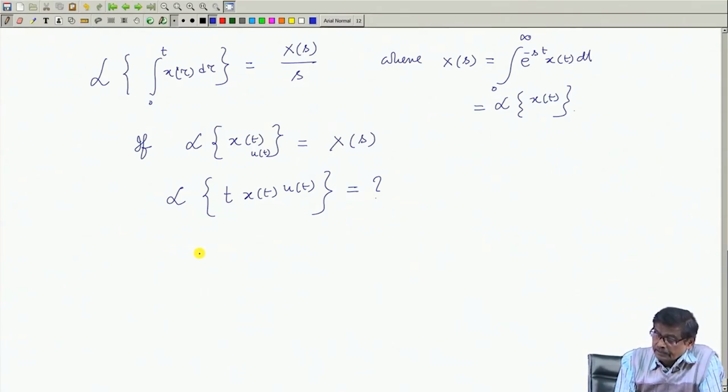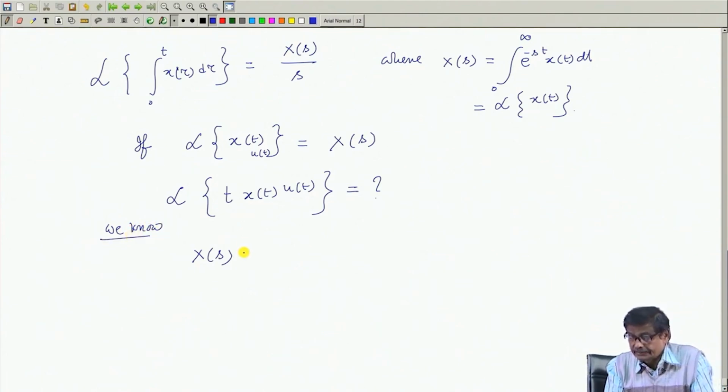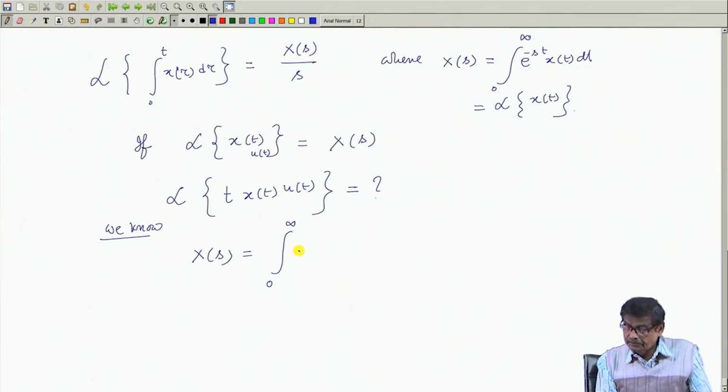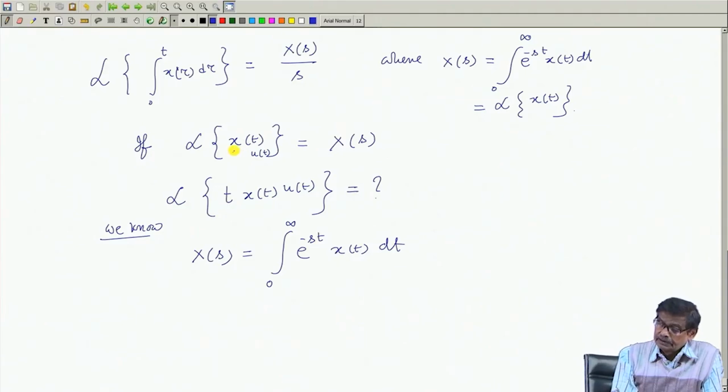We know that X(s) is equal to the integral from 0 to infinity of e to the power minus s t into x(t) into dt. The Laplace transform of x(t) u(t) is this, we know that.